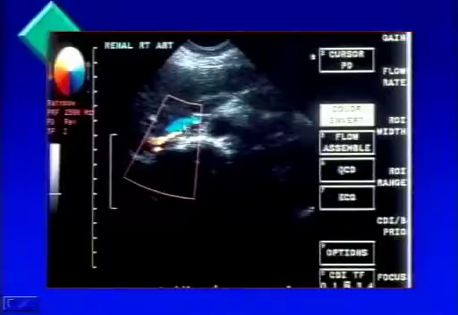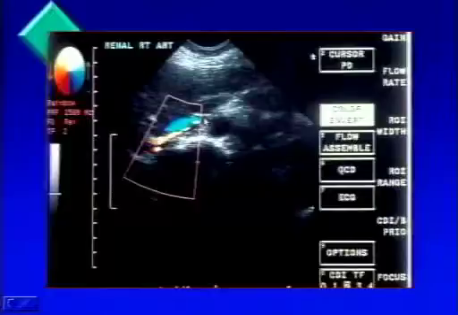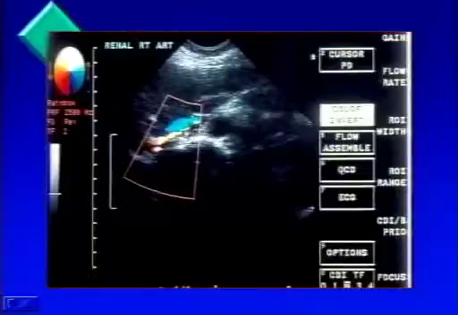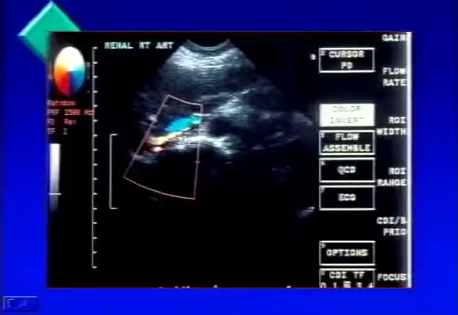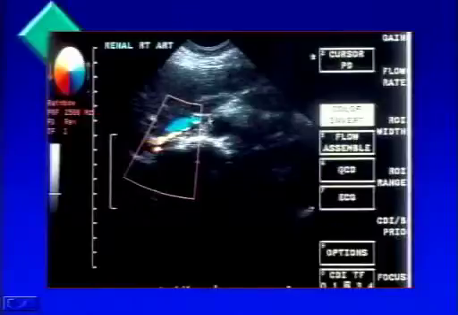So we can see the right renal artery that has been color encoded in red here, coursing just posterior to the IVC. Now, the Doppler evaluation of the renal artery would require that we look especially at the origin of the vessel and follow and take samples along the entire length of the renal artery. Now, one of the pitfalls of the direct method is that it's very difficult at times to get a good Doppler angle at the origin of the vessel because of the angle at which the vessel arises off of the aorta.